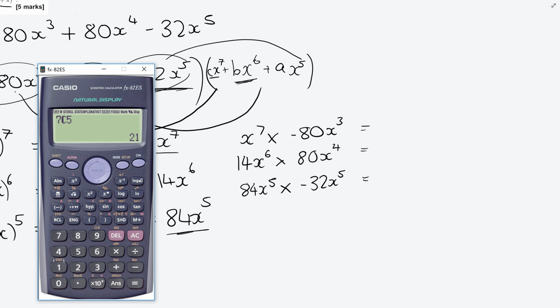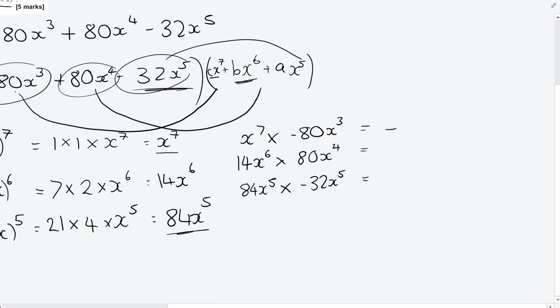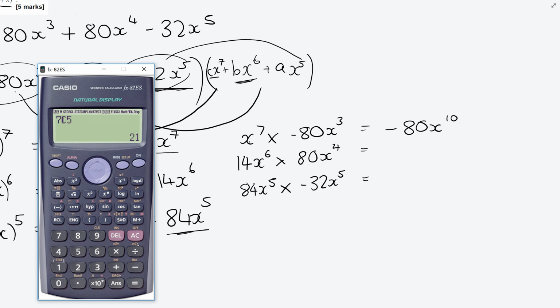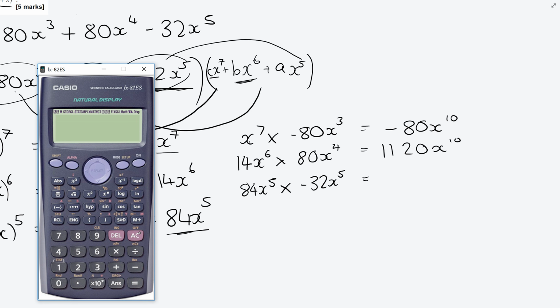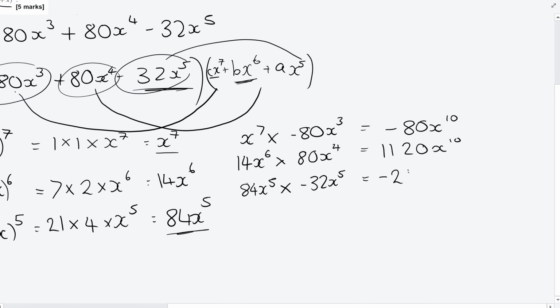So I've got 1 times minus 80, so I've got minus 80 x to the 10. I've got 14 times 80, they're both positive, so it's going to be a positive solution of 1120 x to the 10s. And I've got 84 times by minus 32, which is minus 2688 x to the 10 again.